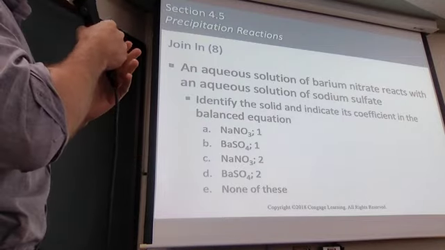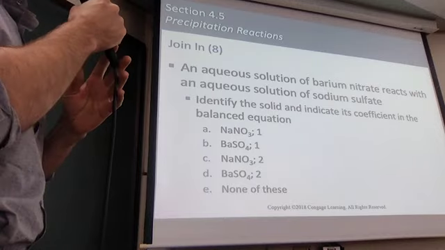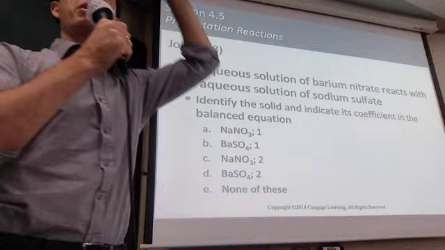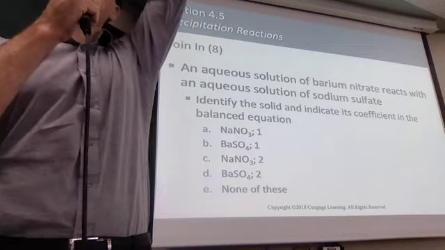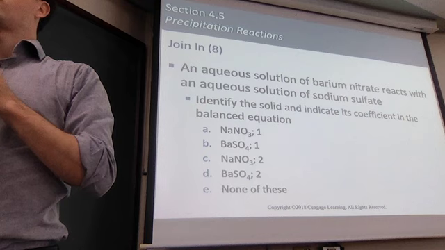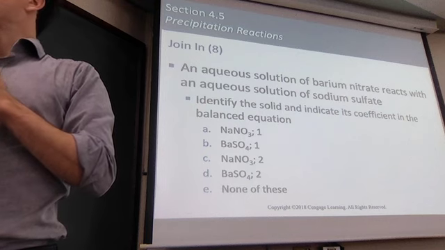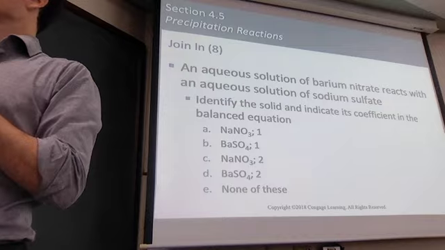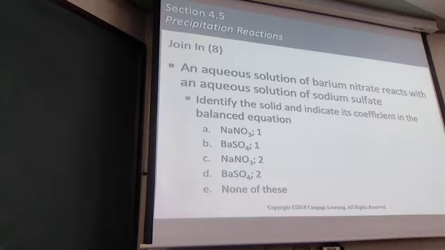So with coefficient, they mean, I think, the stoichiometric coefficient in front of this solid. So if you write down the chemical equation for that reaction, then there would be some coefficient in front of that solid, maybe. So that's the question here. So what should be the salt that is formed?